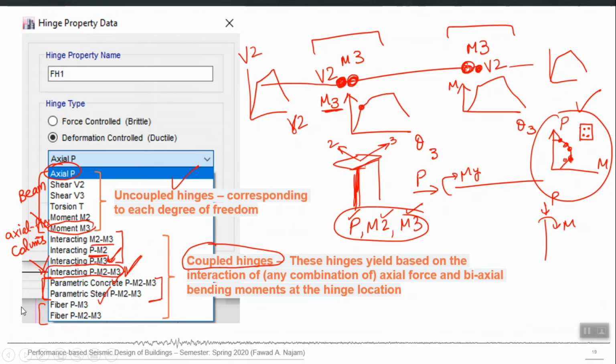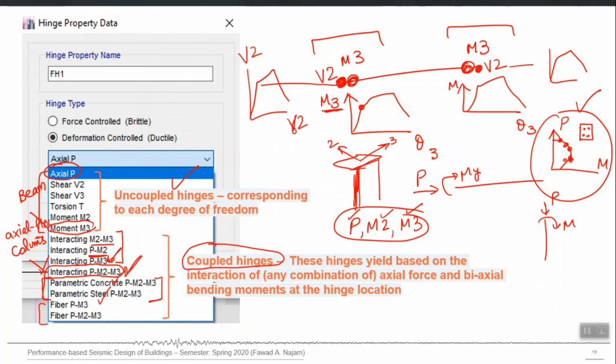Apart from that, we have nonlinear link elements also in ETABS, but they are not in that particular category of plastic hinges, right? They are separate nonlinear elements, although mathematically they are also like hinges. You can simply modify a particular degree of freedom in a link element and give your own nonlinear relationship there also.